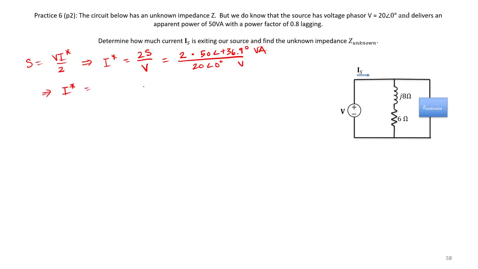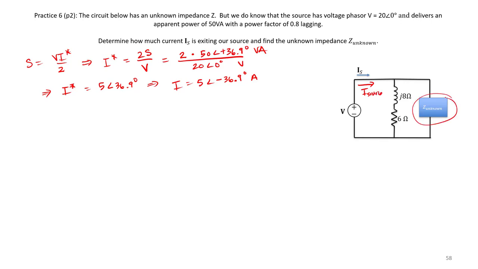If we solve for I star, we determine that I star is equal to 5 angle 36.9 degrees. So if we take away the star and just find I, we determine that I is equal to 5 angle negative 36.9 degrees amperes. So now we know I source.